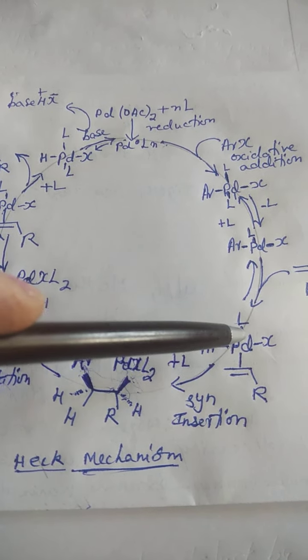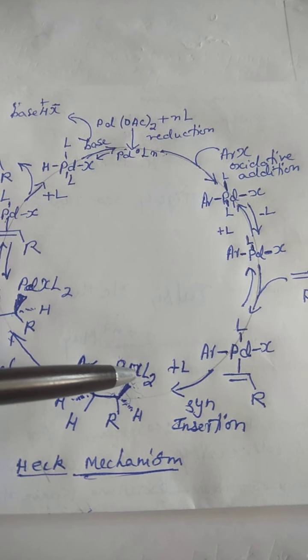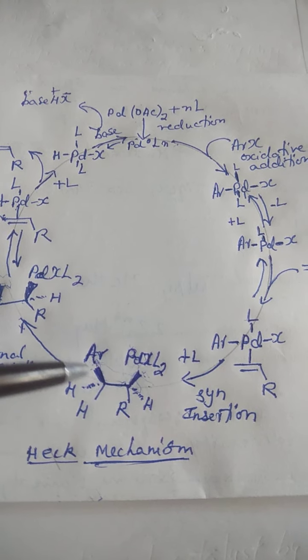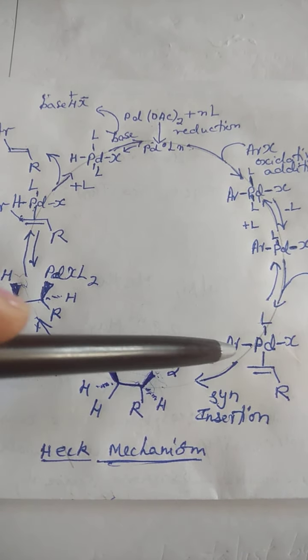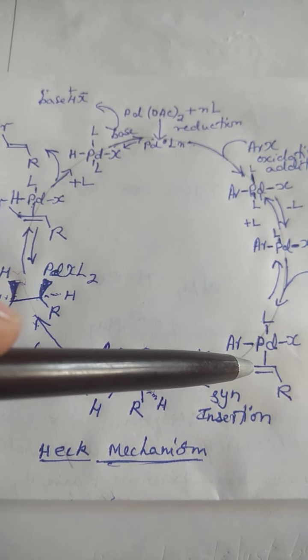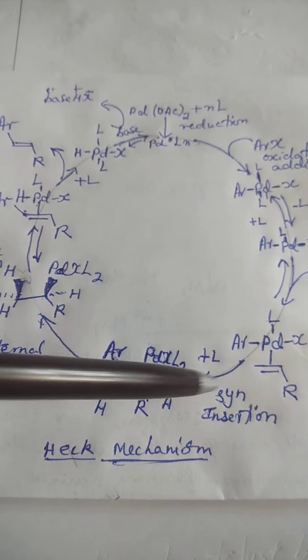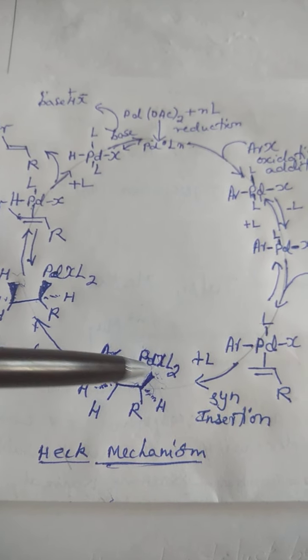A syn insertion implying that both this aromatic and this palladium complex are on the same side, that is adsorbed on the same side. Pd at one end of this double bond and Ar at the other end of this double bond. The double bond has opened up, but it is syn, remember.